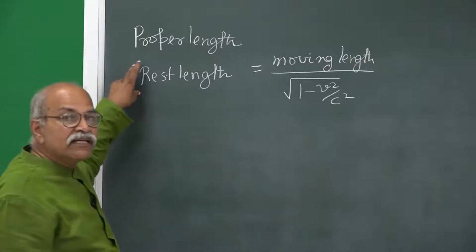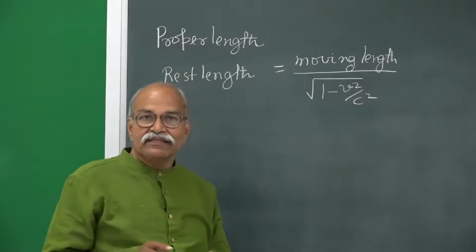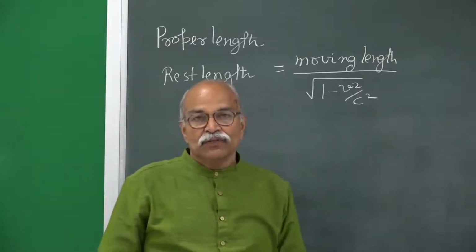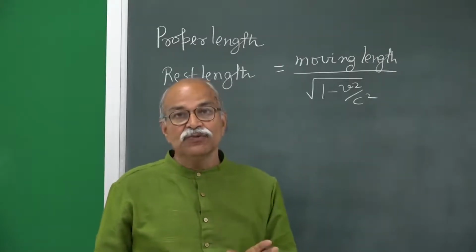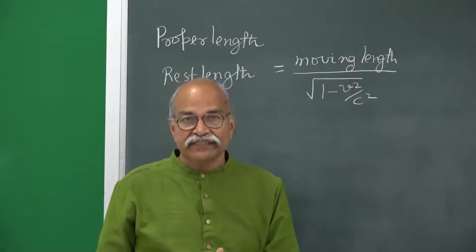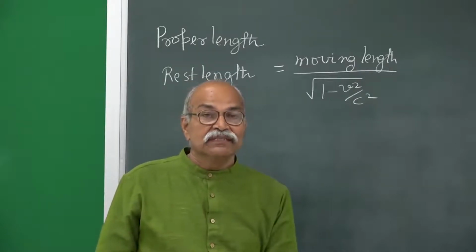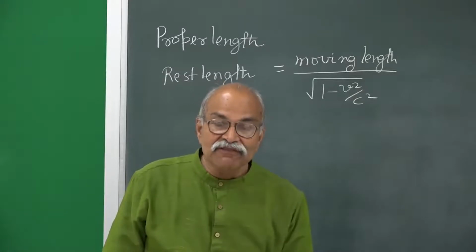And then time dilation. If we have two events and there is a time interval between these two events, and there is a frame in which these two events have taken place at the same position, then from that frame if you measure the time interval, it is called proper time interval.